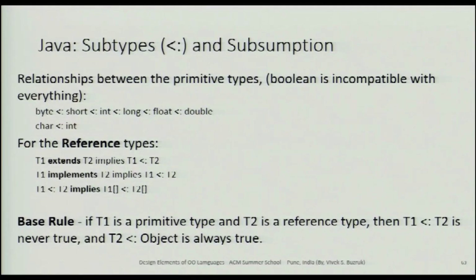If T1 is a primitive type and T2 is a reference type, then this kind of relationship is not true. In the case of Java, which we are talking about right now, T2 is always a subtype of object.